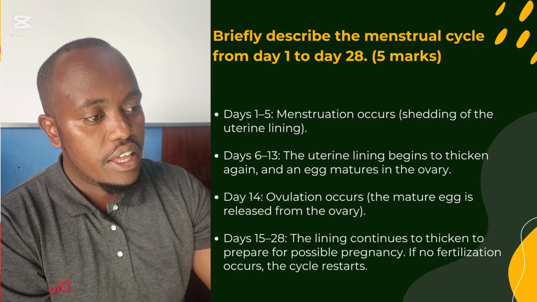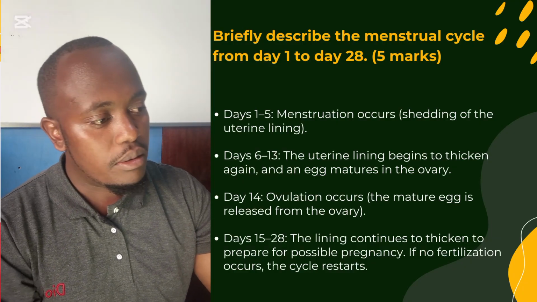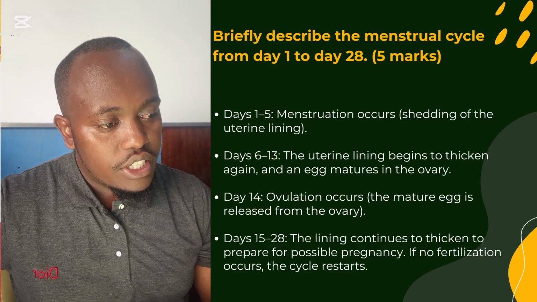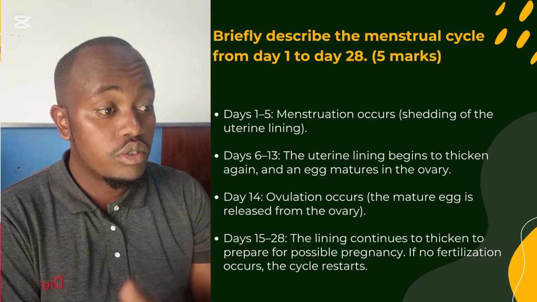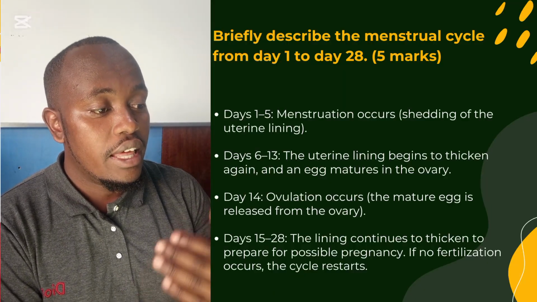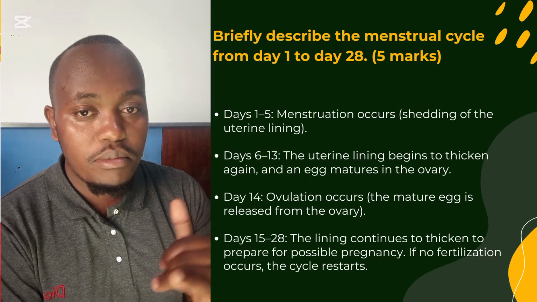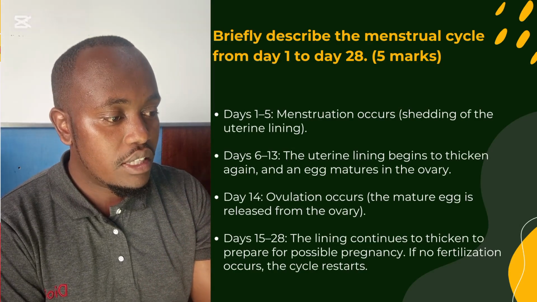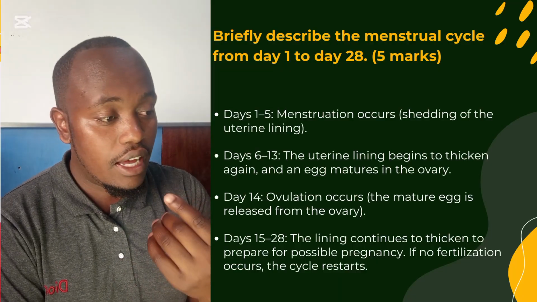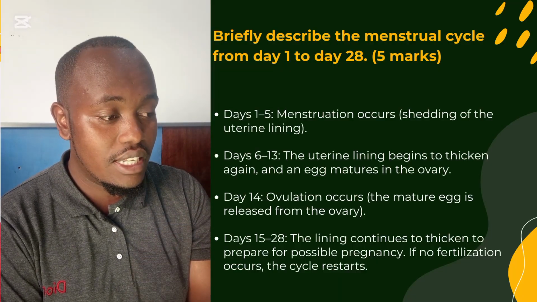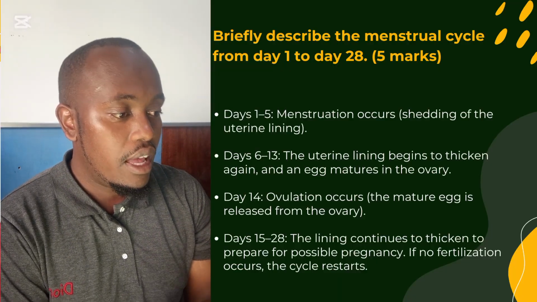Something just to note, this is important. These days are the general days for the menstrual cycle. However, due to many factors, maybe hormonal changes or also from one person to the next, the menstrual cycle may be different. The general one is 28 days. Some people experience a menstrual cycle of 26 days and others 29.